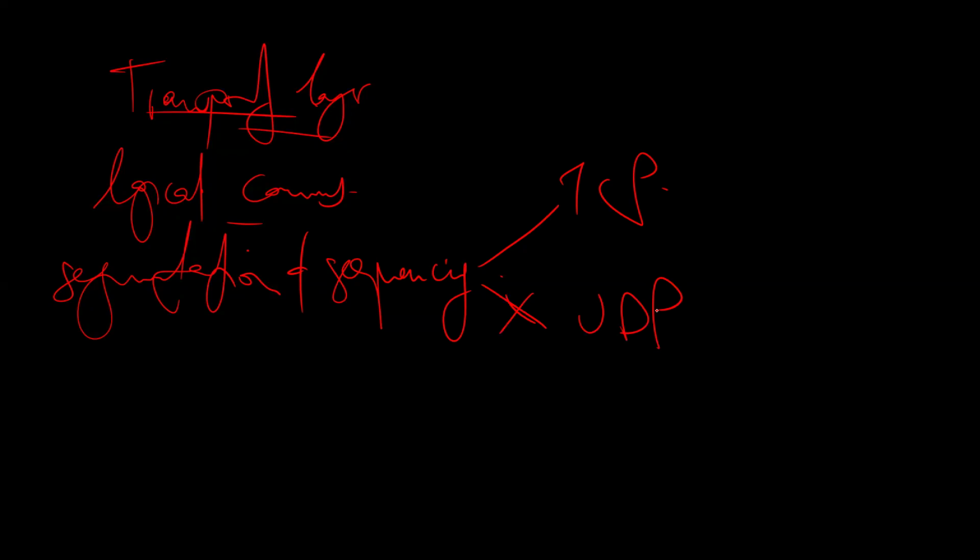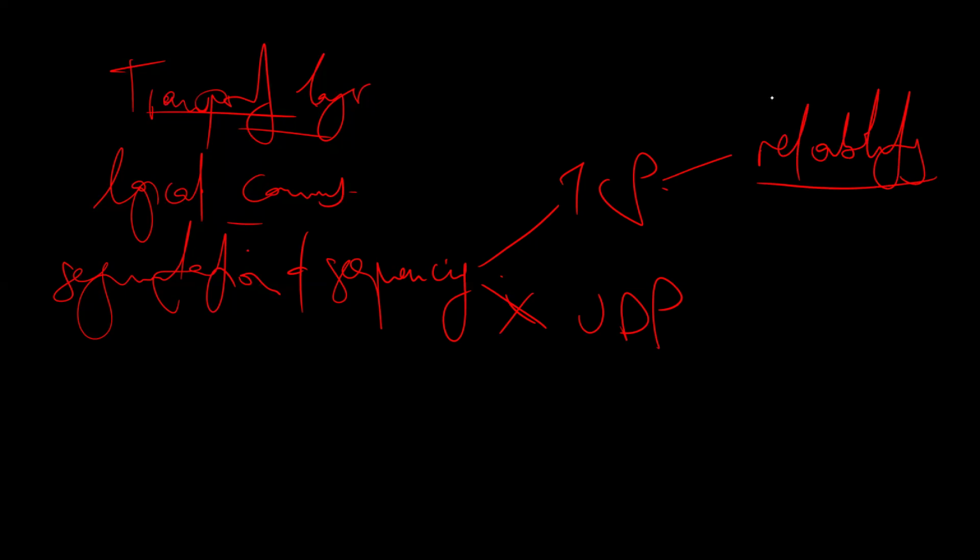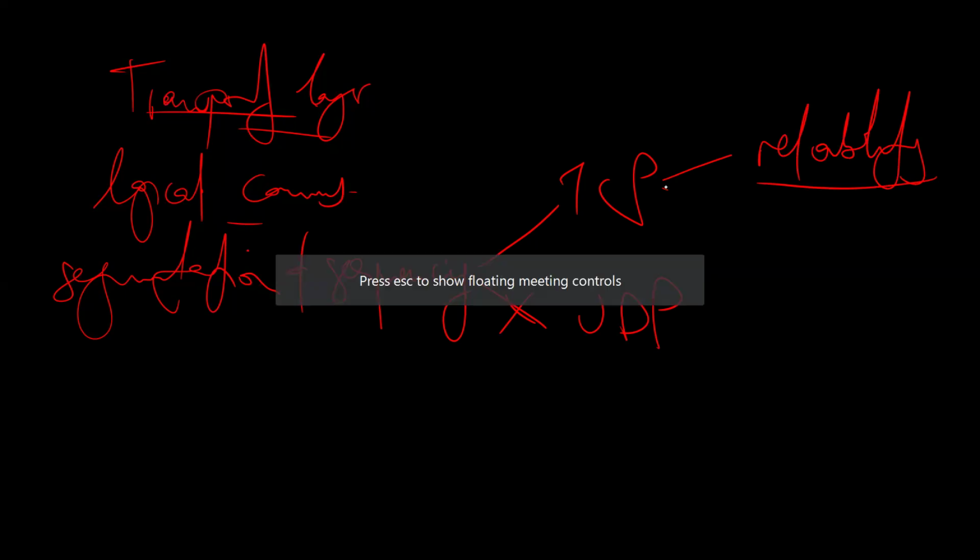We also introduced applications that use TCP and applications that use UDP. TCP focused mostly on reliability, meaning there were sequence numbers and acknowledgement numbers used to offer reliability during data transmission.